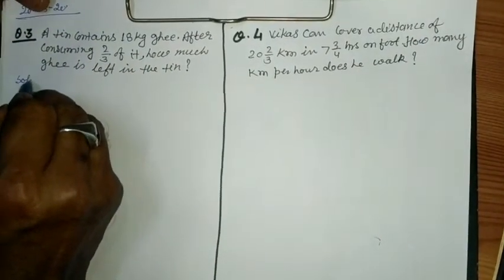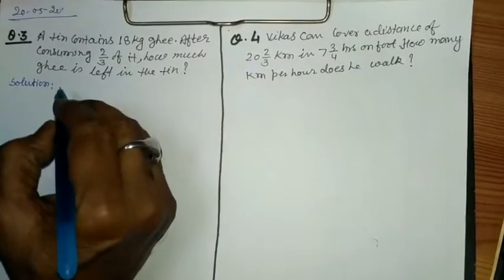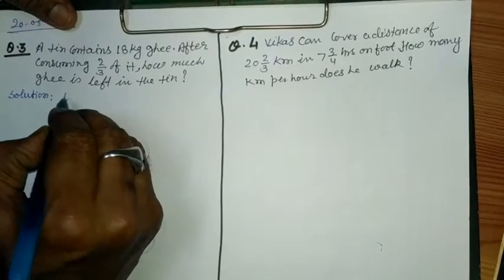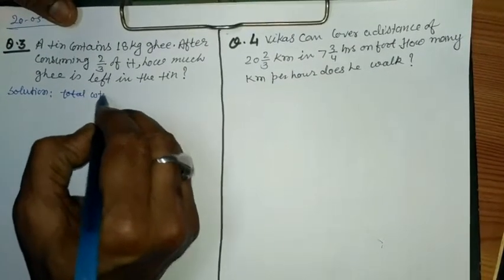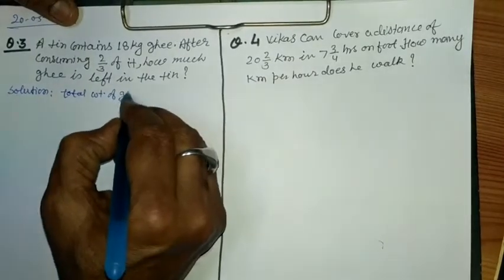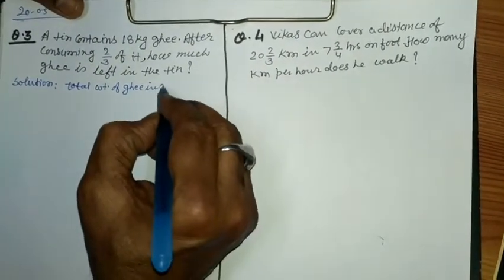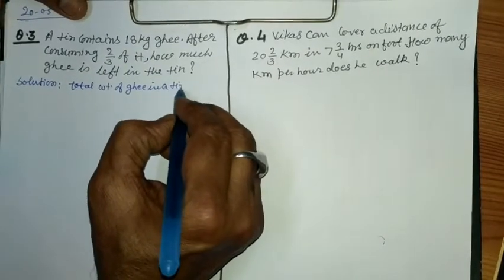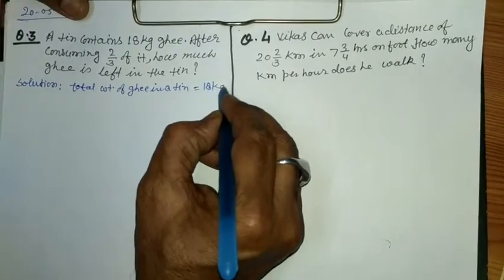Solution. Total weight of ghee in a tin equal to 18 kg.